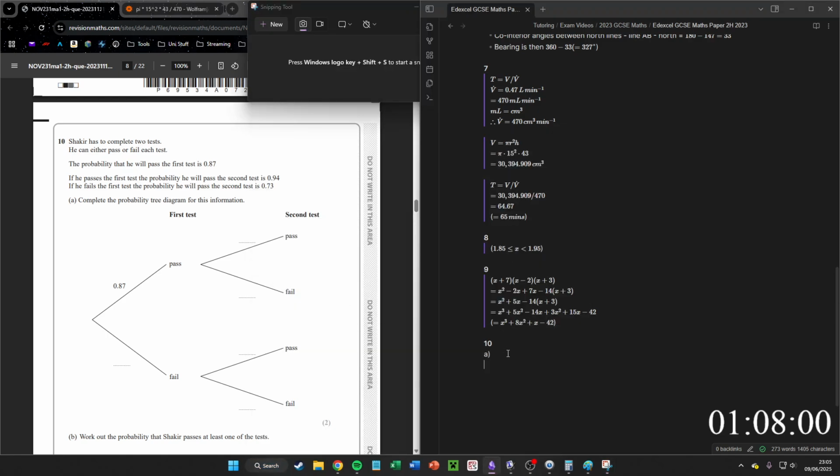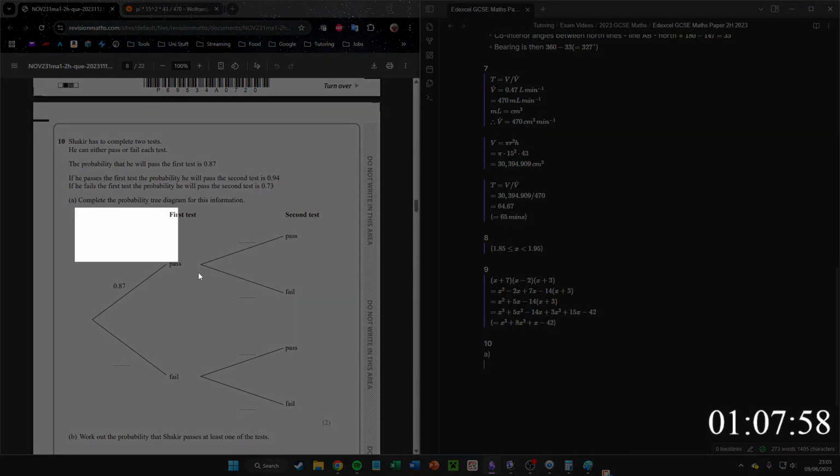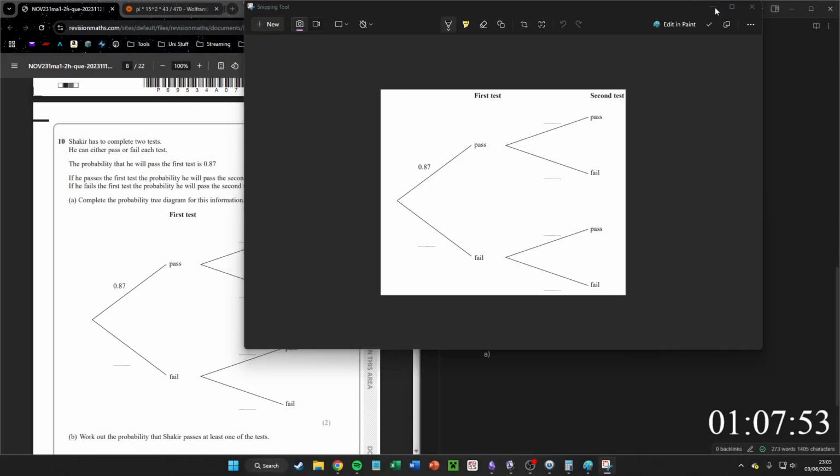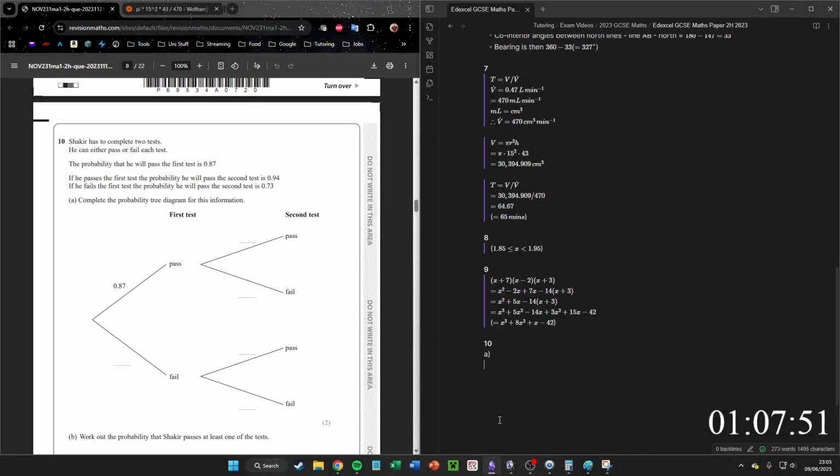Let's just make sure we got those, and I will complete this. And I think just to ensure full marks, I'll do a little bit of working out first. So I just need to do something like P(fail first) is equal to 1 minus P(pass first).